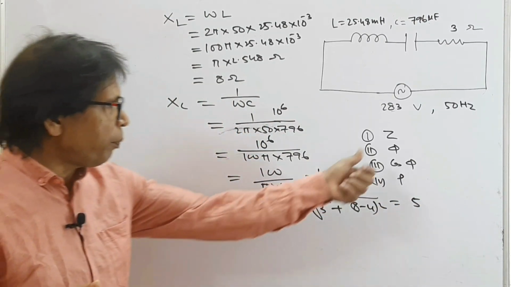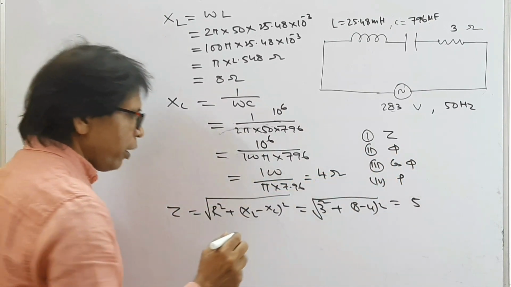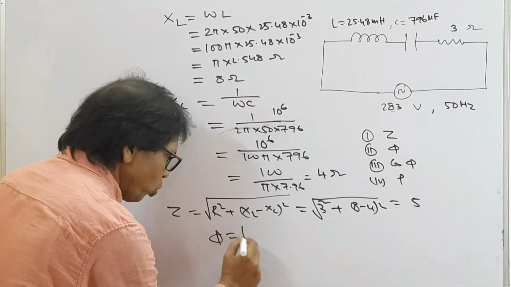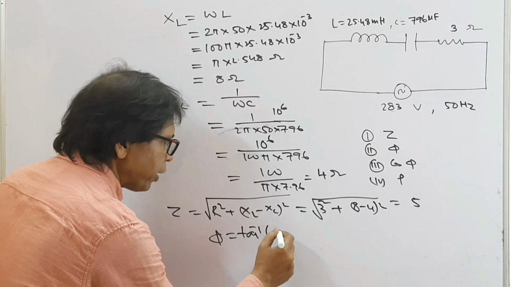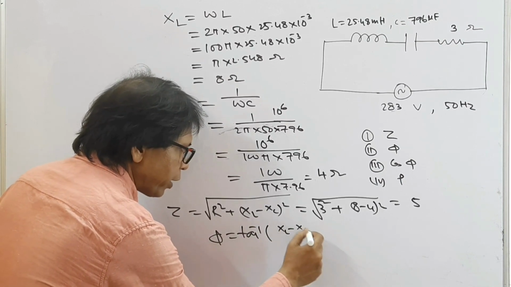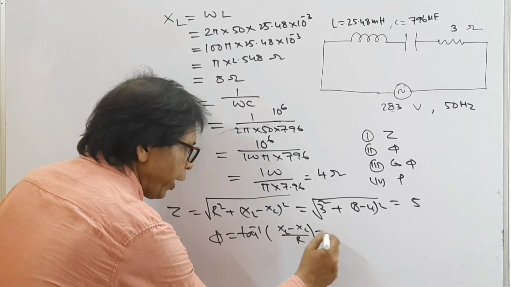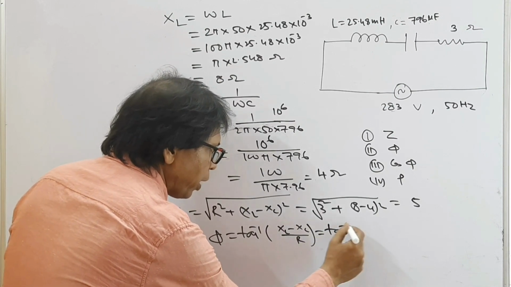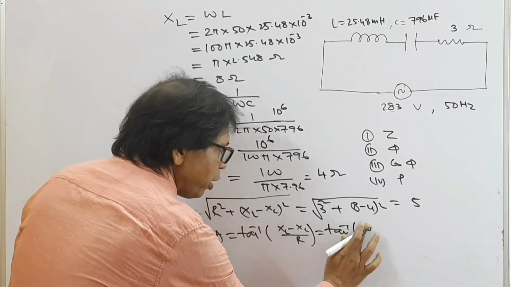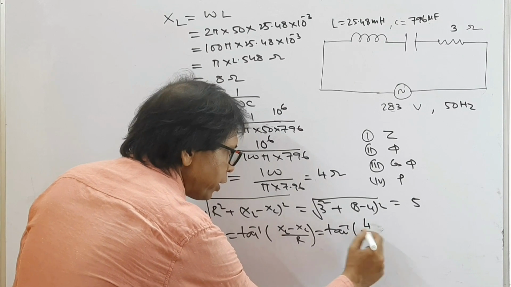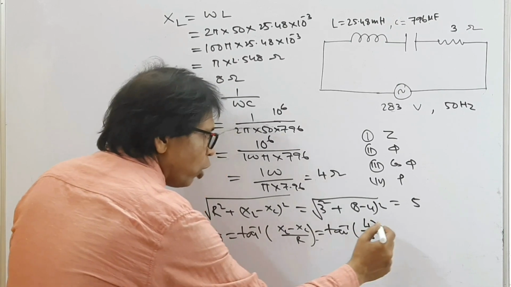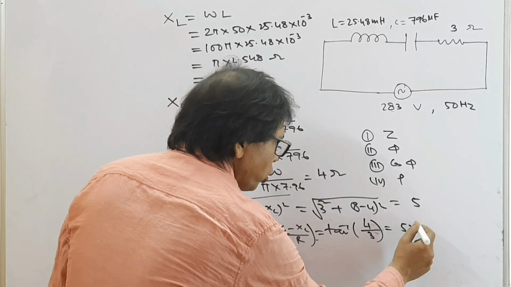Okay, the phase difference. The phase difference phi equals tan inverse of XL minus XC divided by R. XL minus XC is 4, and R is 3. So this is 53 degree.